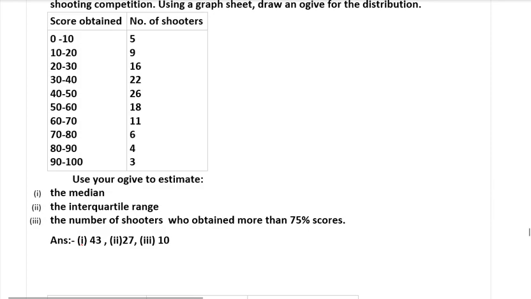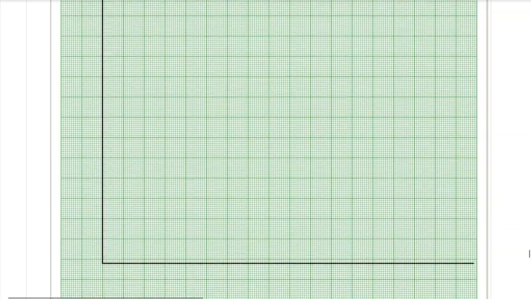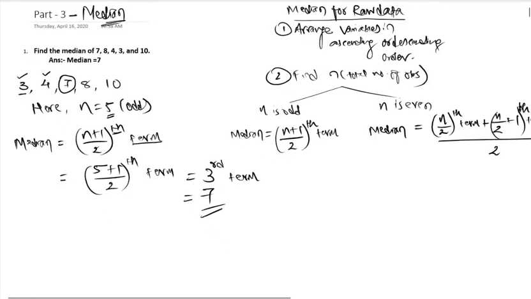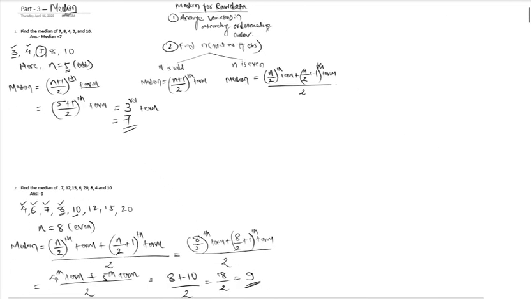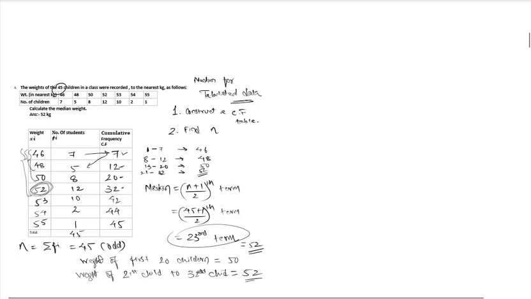So I'm officially ending part 3 over here. There is no more question now. What have you learned in part 3? You have learned how to draw an ogive and how to find the median. I'll just zoom out and show you what else you have done. You have found the median for raw data first with two formulae, with different kinds of questions. Then the median for tabulated data, a little different method which I explained.